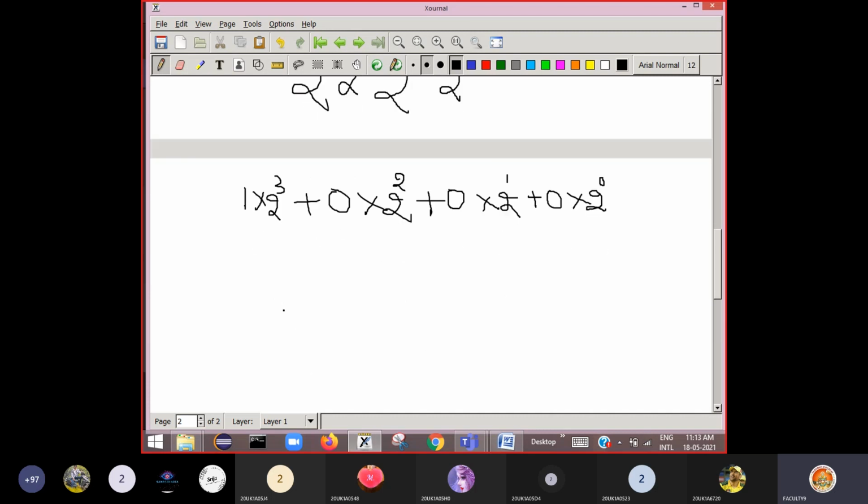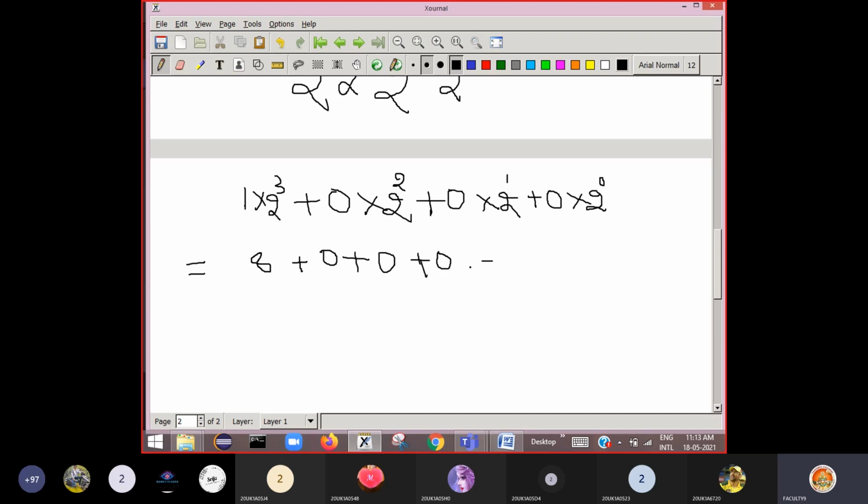Anything power 0 is 1. So what is the result you will get here? 1 into 2 power 3. 2 power 3 is nothing but 8 here. So 8 plus 0 multiplied by something gives 0 here, plus 0 here, plus 0 here.